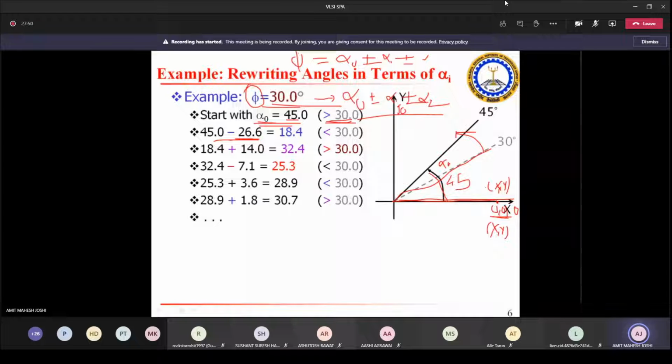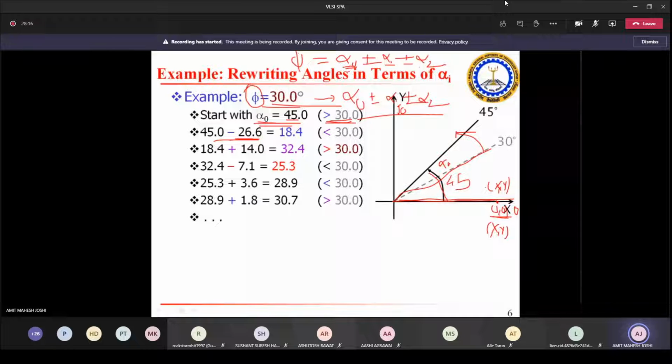Okay. Now since we are talking about the first quarter, this alpha 0 is always positive. But from the second alpha, alpha 1, alpha 2, alpha 3, it could be negative or it could be positive. That means there is a possibility of alpha 0 plus alpha 1, or alpha 0 minus alpha 1.